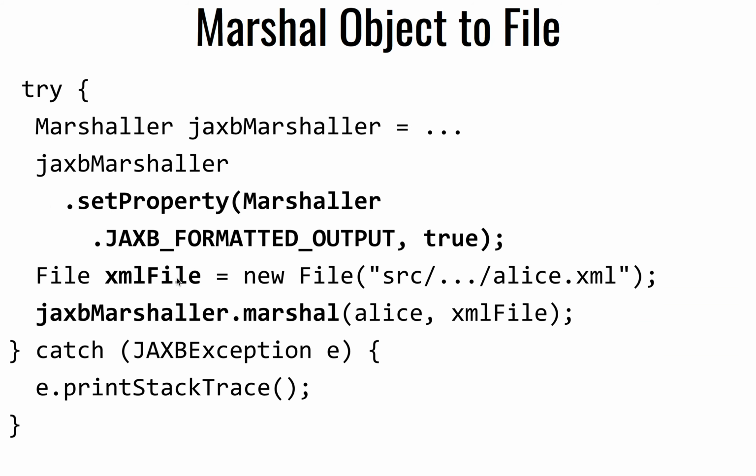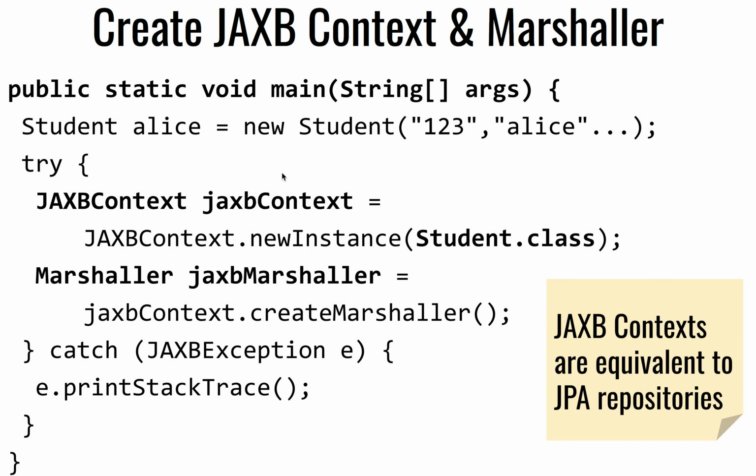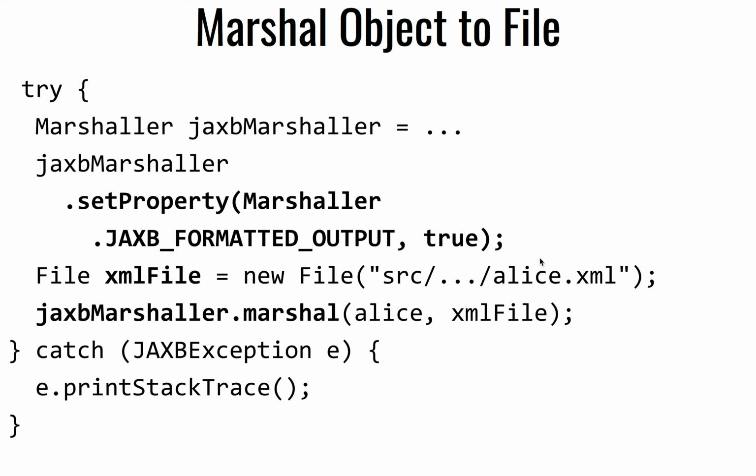Once we have the marshaller, we can create a file, and we'll call it alice.xml, and we're going to marshal the data representation, the object Alice, into an XML document. So Alice lives as an object in memory, and we're going to represent it in the file alice.xml.